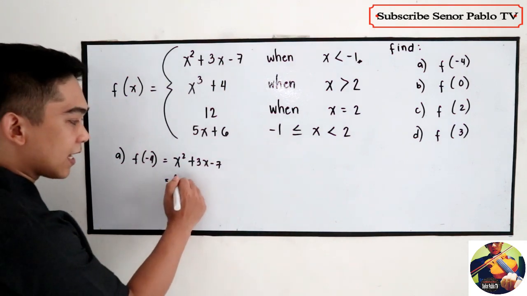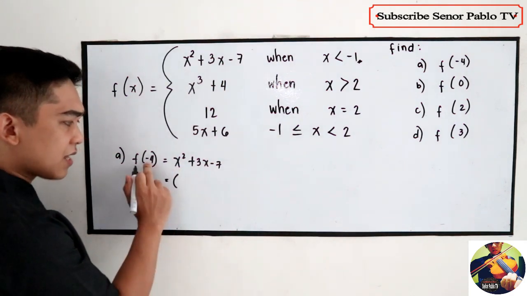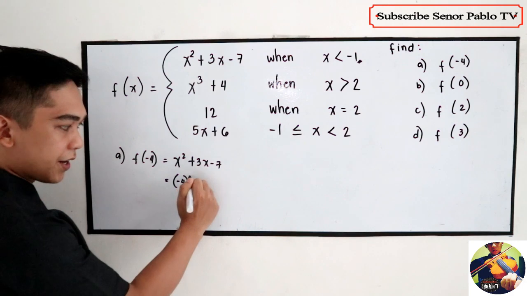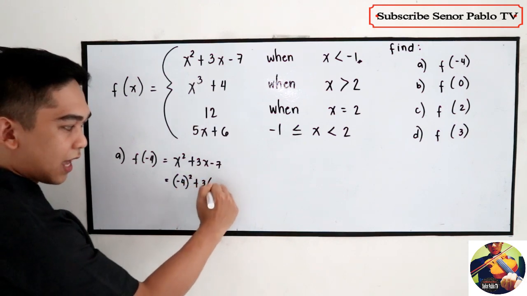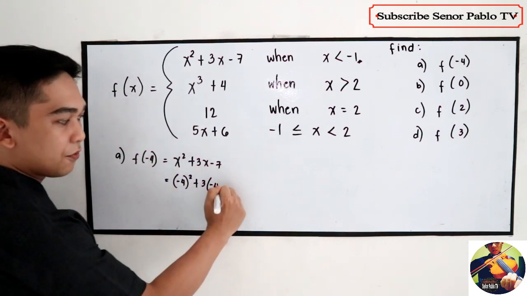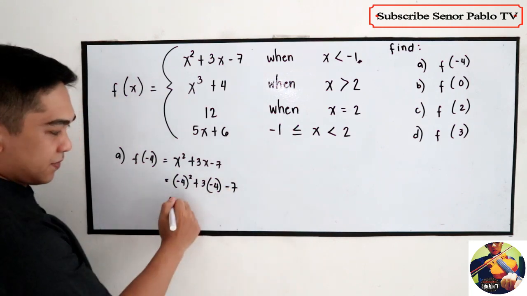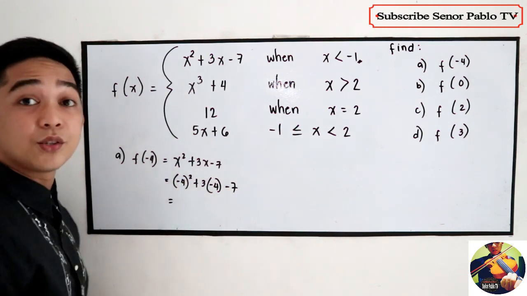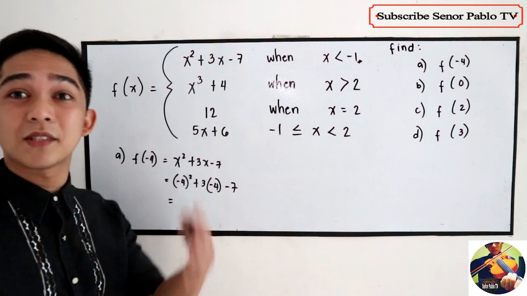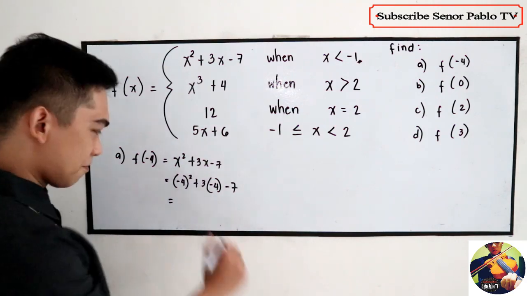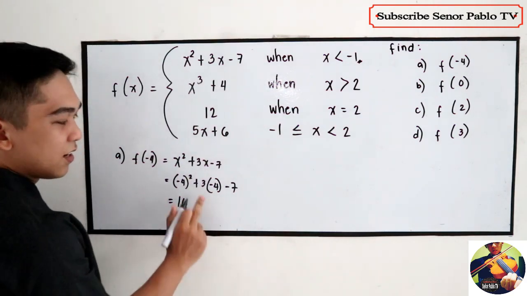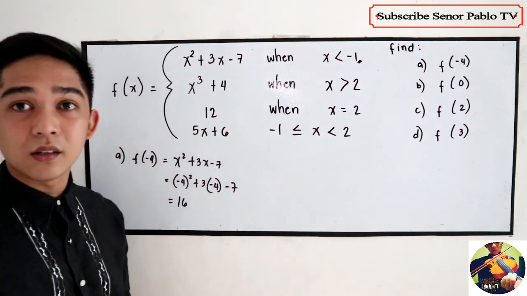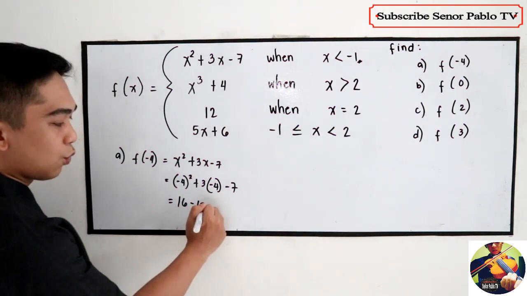Now, substitute na natin. X is negative 4. So, negative 4 squared plus 3 times our x is negative 4 minus 7. Negative 4 raised to 2. So, negative 4 times negative 4, positive 16. 3 times negative 4, negative 12.